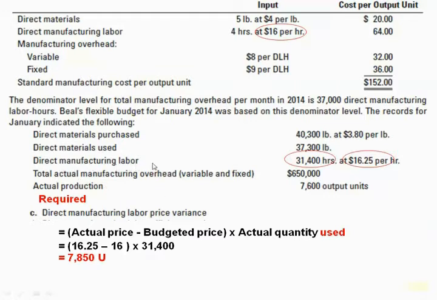Direct manufacturing labor was 31,400 hours, so this will result in $7,850 unfavorable variance, as actual price per hour is more than its budgeted price per hour.